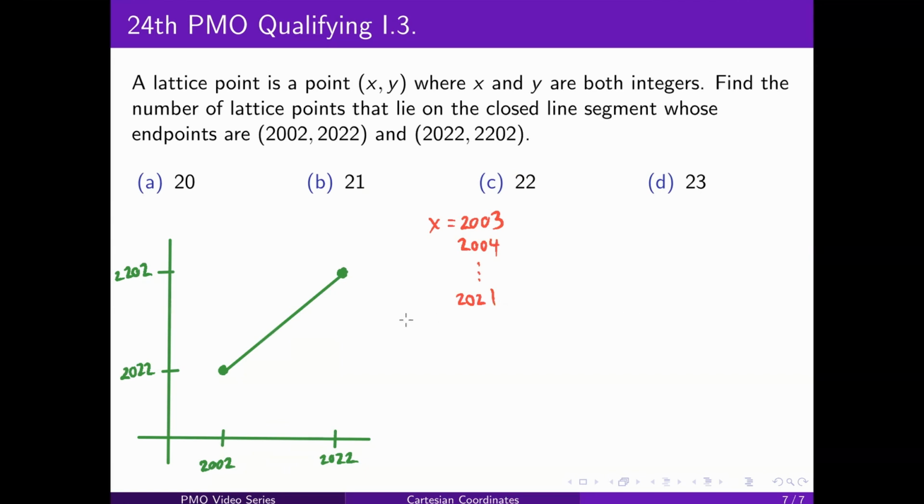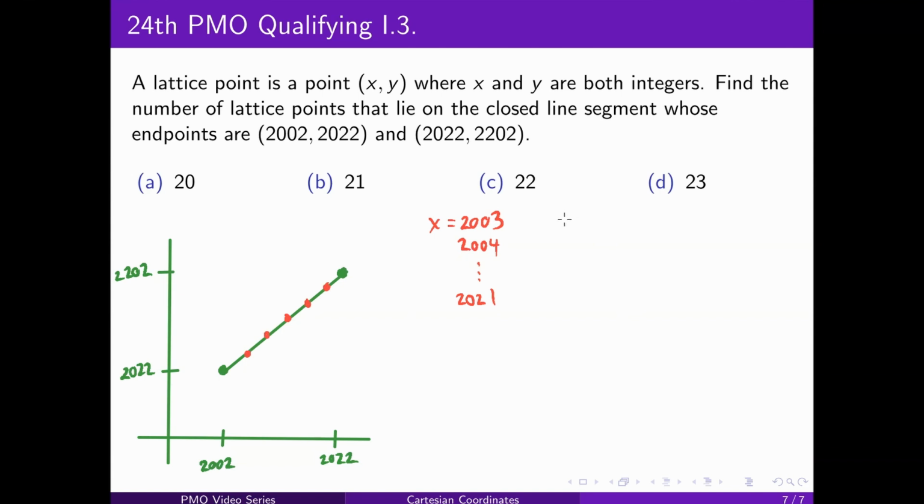Those will appear somewhere along equidistantly on this line. You want to know if their y coordinate is also an integer or not, because maybe their y coordinate is some non-integer value. How can we check? We need to know the equation of the line segment.